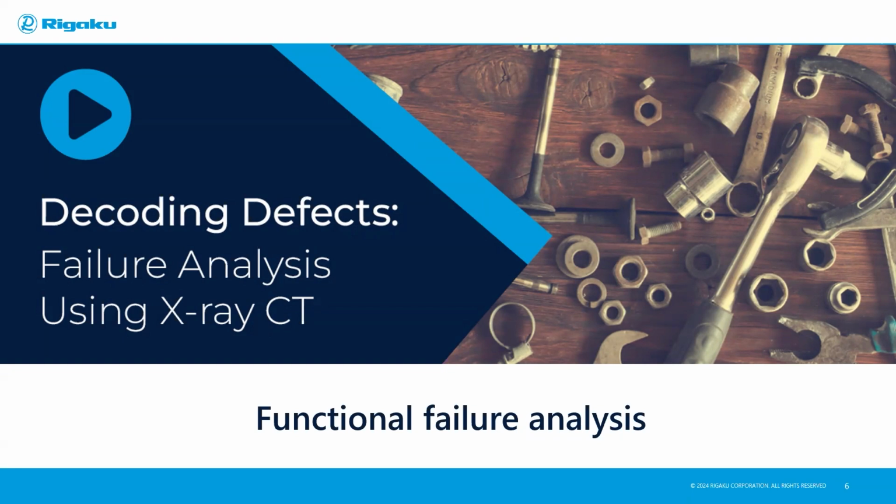Fundamentally, functional failure happens when there's a structural and/or chemical change that ultimately causes a material or a product to fail to perform in the way that we expect it to. Not all materials and products fail in the same way, and not all failures can be investigated by using X-ray CT. So we'll talk about situations and examples where X-ray CT applies.